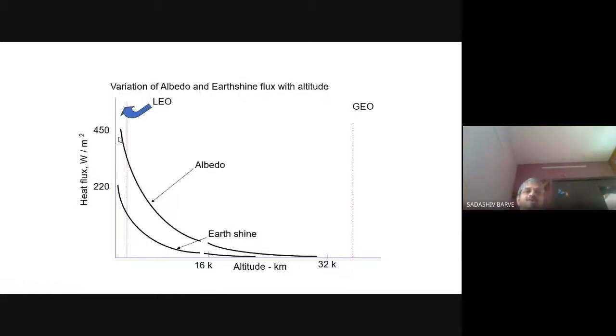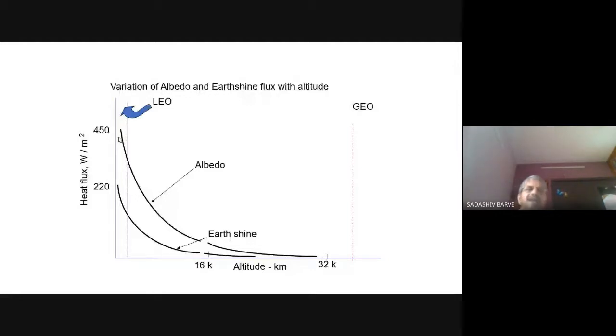Now, one should keep in mind that both the parameters, albedo and Earth-shine, are important for the low Earth orbit satellite only. It is not important for a satellite like INSAT, which is as far off as 36,000 kilometers. The reason being, at that altitude, the amount of energy received by virtue of, for example, Earth-shine load is very small.